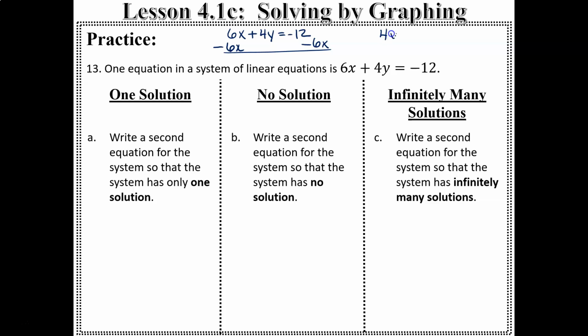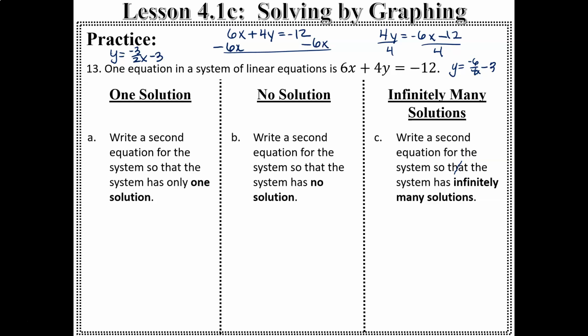So I have 4y equals negative 6x minus 12. And I'm going to divide by 4. So now I have y equals negative 6/4 x minus 3. I'm going to reduce that. So here's my ultimate equation. y equals negative 3 halves x minus 3.